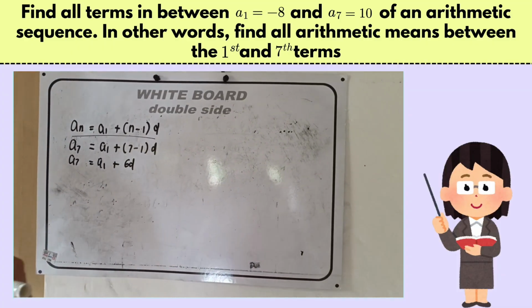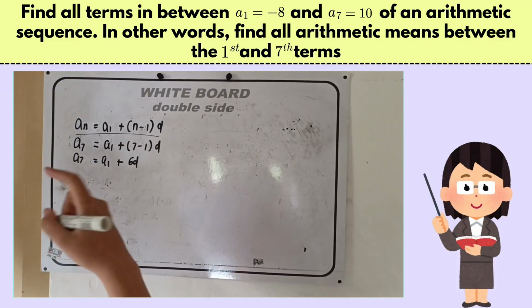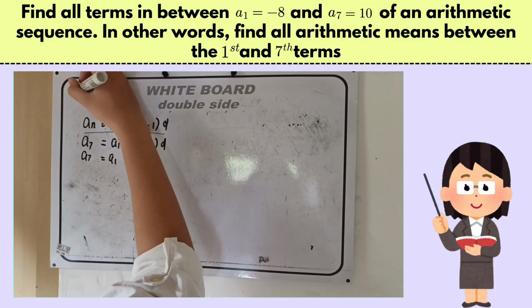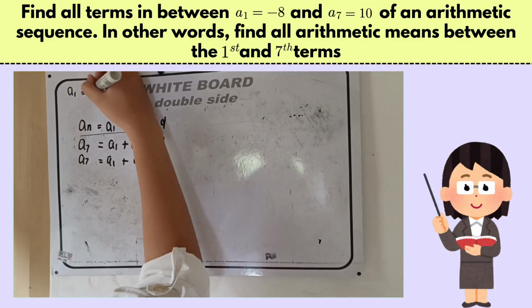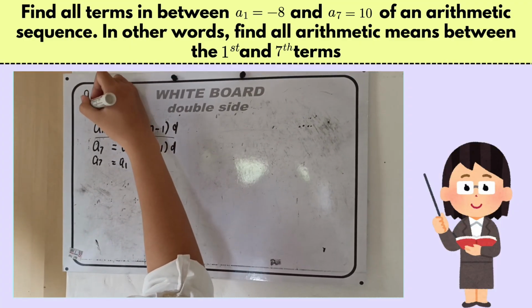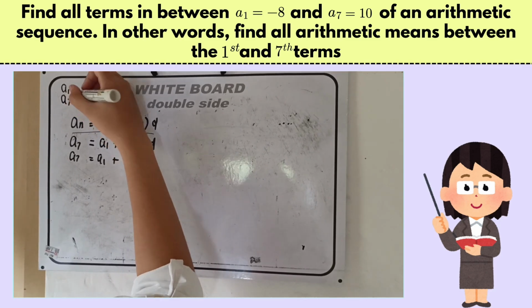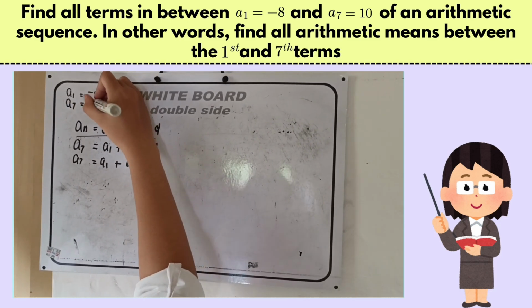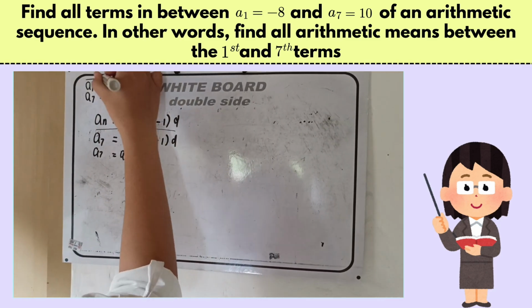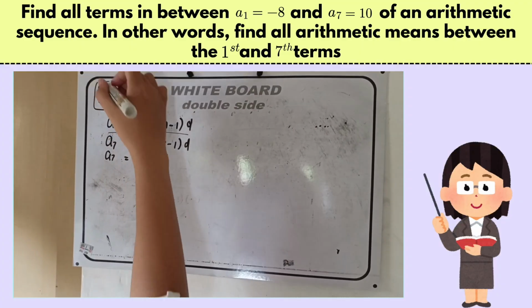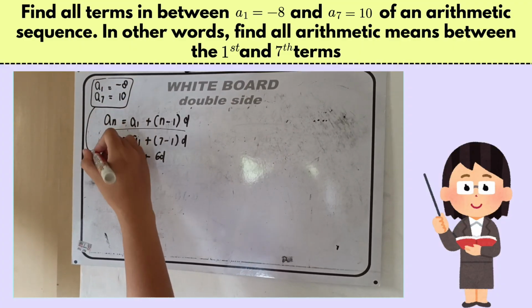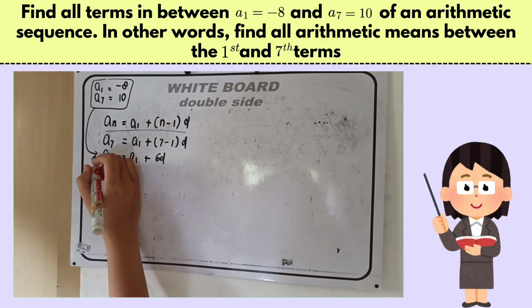And then substitute, remember, a sub 1 is negative 8 and a sub 7 is 10. Okay, then we substitute this into this.